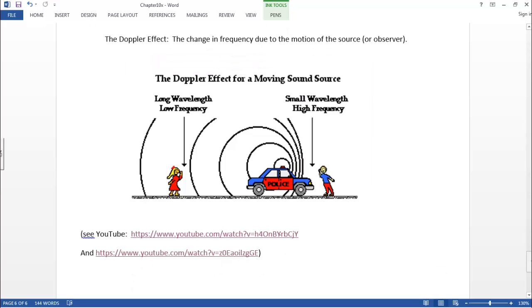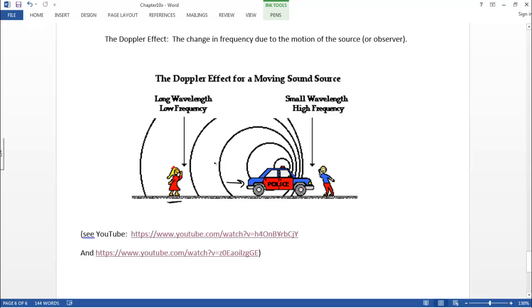Okay, last topic for Chapter 10, the Doppler Effect. This is a change in frequency due to the motion of the source of the wave or by motion of the observer of the wave. So here we got a police car. It's in motion. We got 2 bystanders here. And as the police car is driving away from the lady here, the sound waves generated by the siren appear to be expanding.